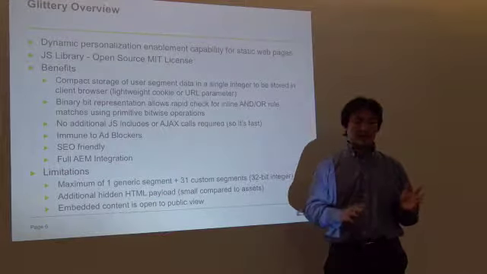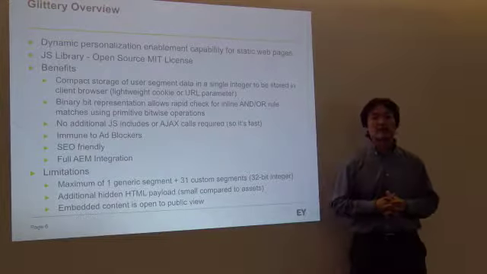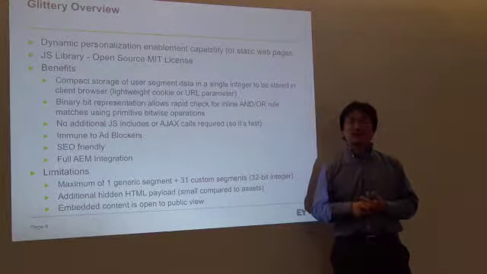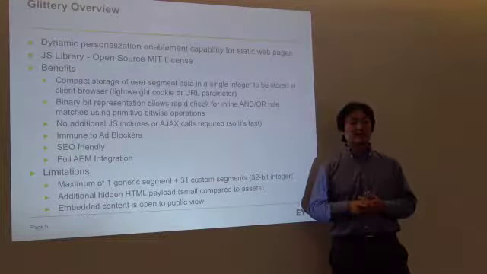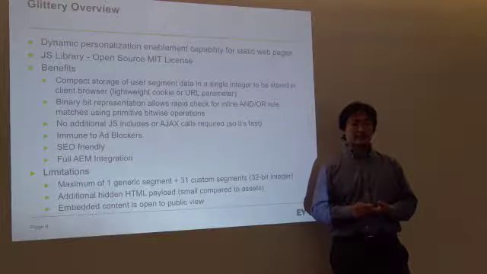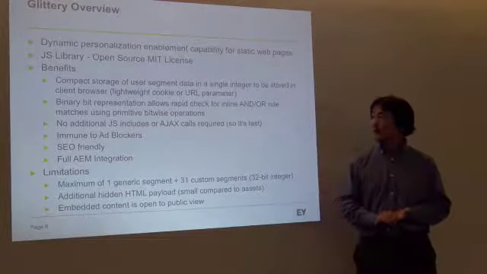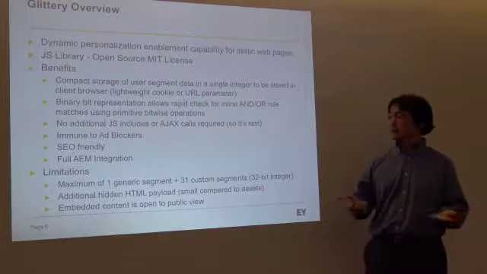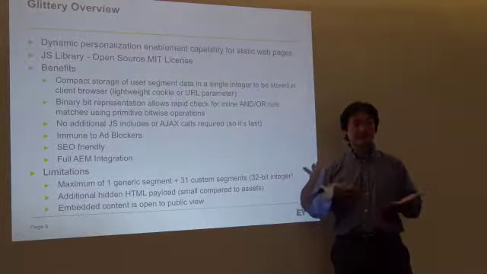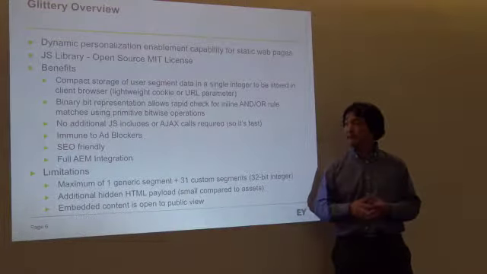It's a fine strategy, but it has a problem. As users are becoming more privacy oriented, they're starting to use ad blockers, and it's really blocking that capability. So Glittery is immune. Glittery is also SEO friendly because the variations for the web page are pre-compiled within the HTML.